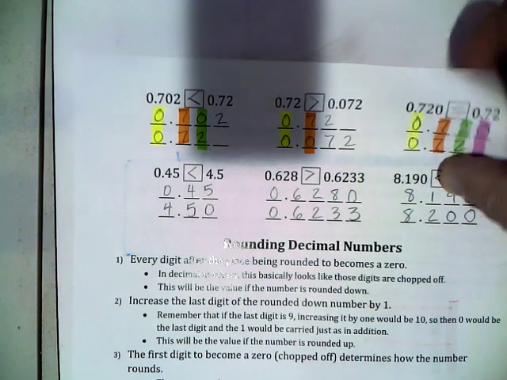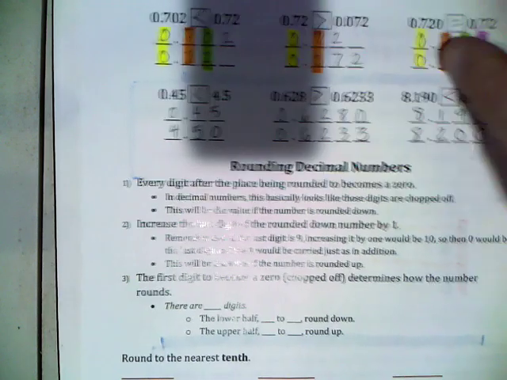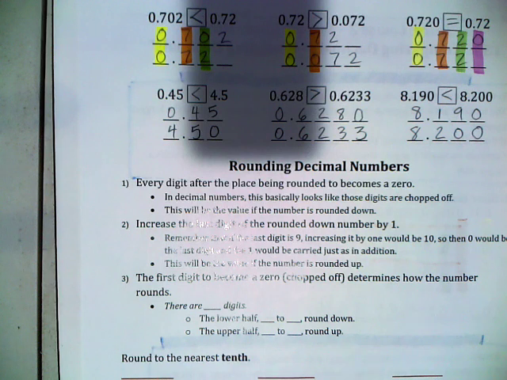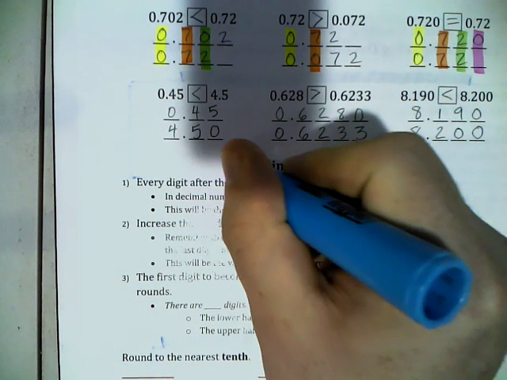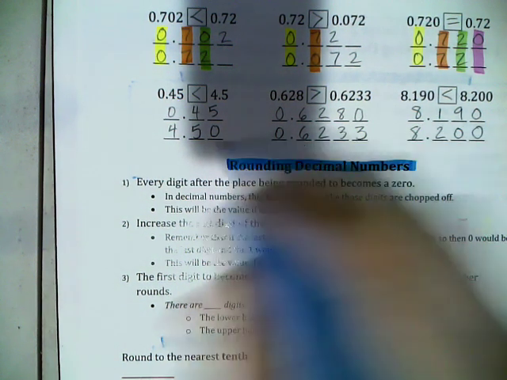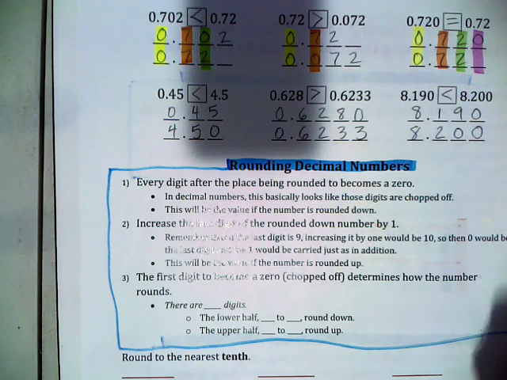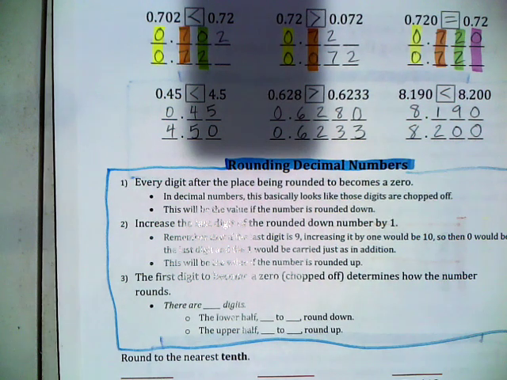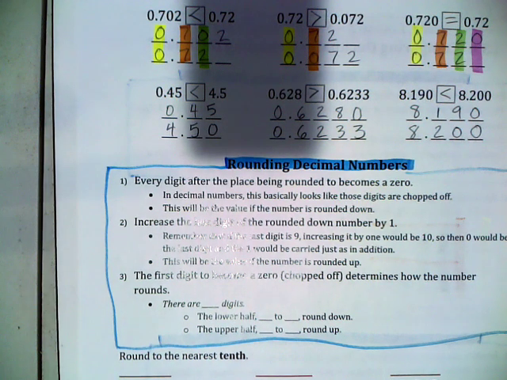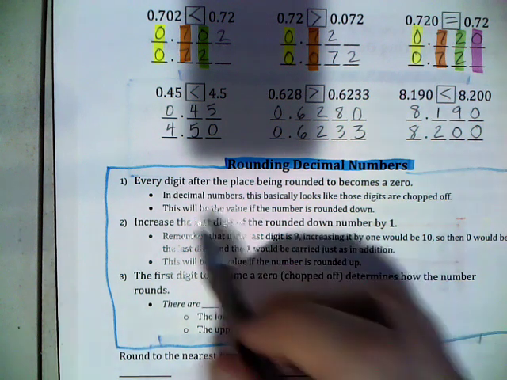And now, ladies and gentlemen, to finish off this lesson, we need to talk about how to round decimals. So I'm going to ask you to grab your blue one more time, and we're going to make a box around these instructions. We've learned rounding in a previous lesson, and when it comes to decimals, we really want to focus on a shortcut.